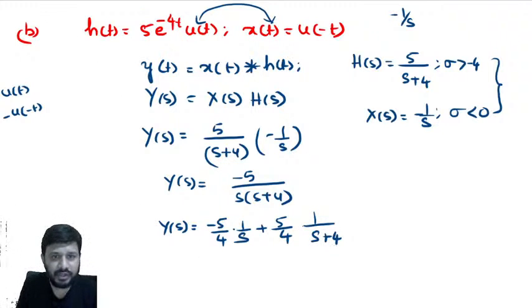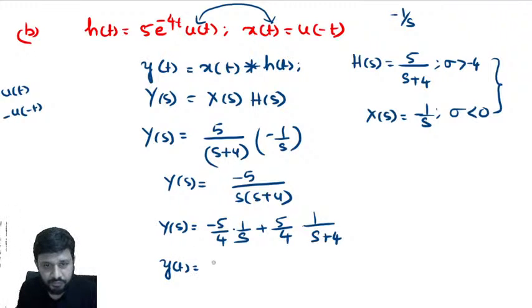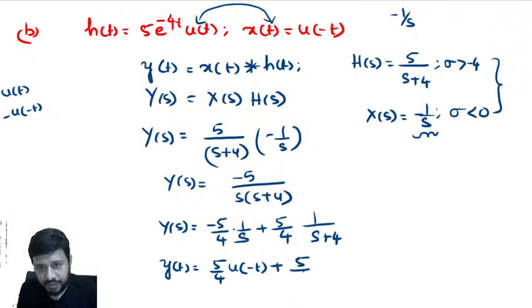But here if you observe, what is the inverse? 5 by 4. What is the inverse of minus 1 by s here? Minus 1 by s means u of minus t, plus 5 by 4.